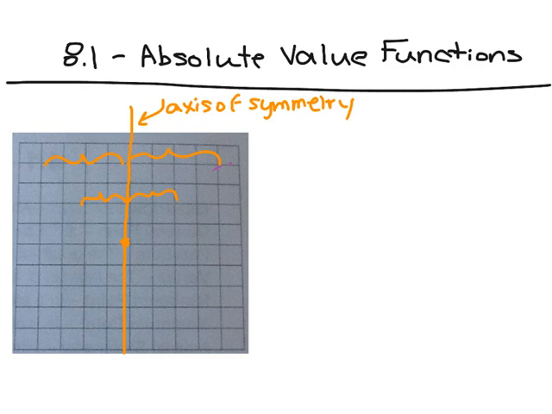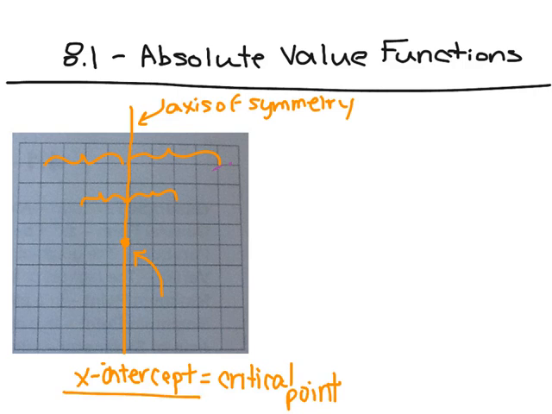So the graph is symmetrical about this point right here, which is our x-intercept, and this is called our critical point. So the critical point is where the point on the graph changes directions. So our critical point is our x-intercept.